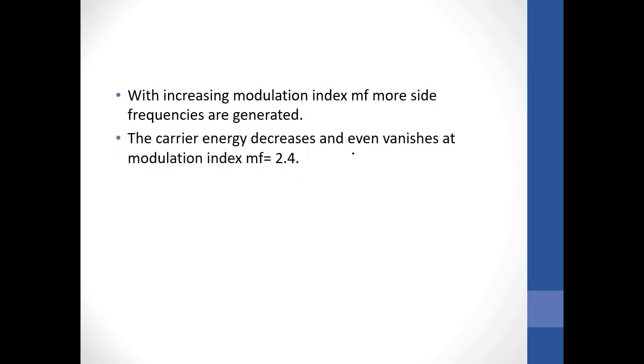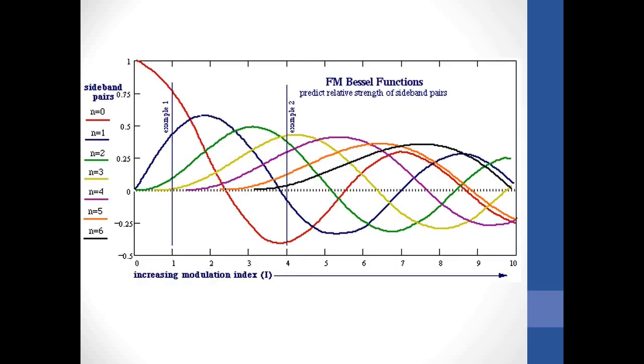The carrier energy decreases and even vanishes at modulation index equal to 2.4. So 2.4 is somewhere here. The carrier is the red one. You can see that this is the amplitude of the carrier. It decreases at this point and actually becomes 0. And even for this, let's take the green one. At mf equal to 5.1, somewhere there, the green one, which is the second order, decreases.